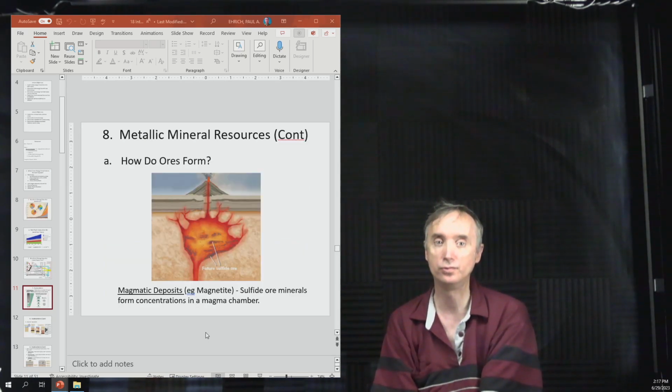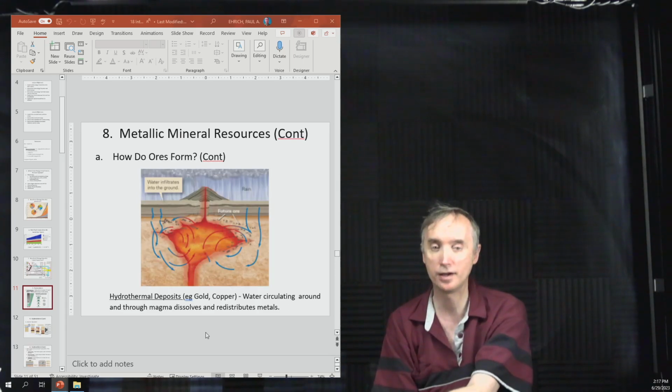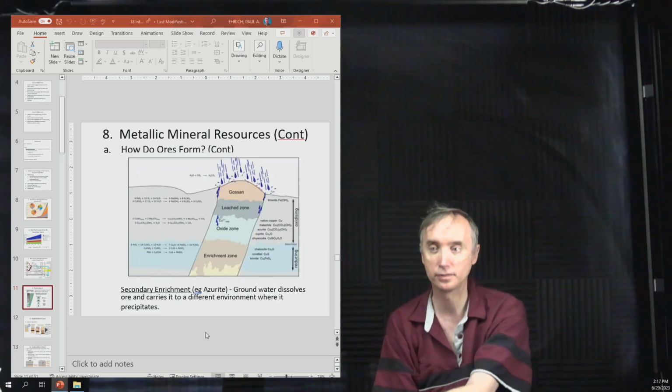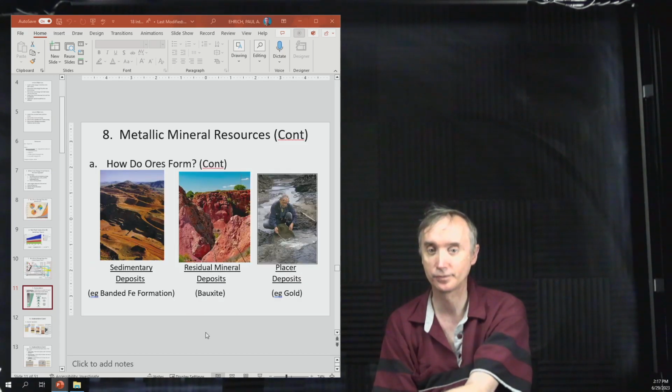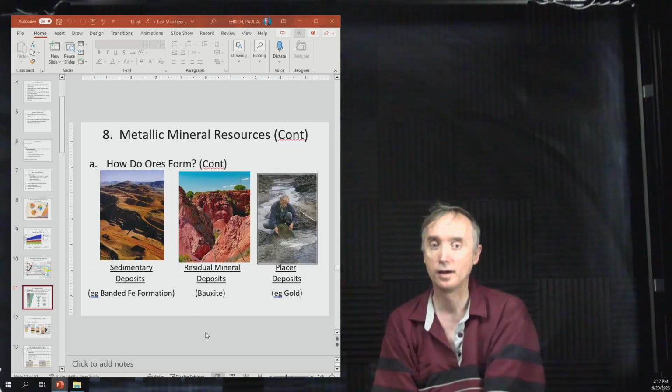So how do these metallic mineral resources form? You have magmatic deposits and hydrothermal deposits, and then secondary enrichment, and then MVT deposits, and then sedimentary deposits such as the banded iron formations that contain hematite, which contains iron.